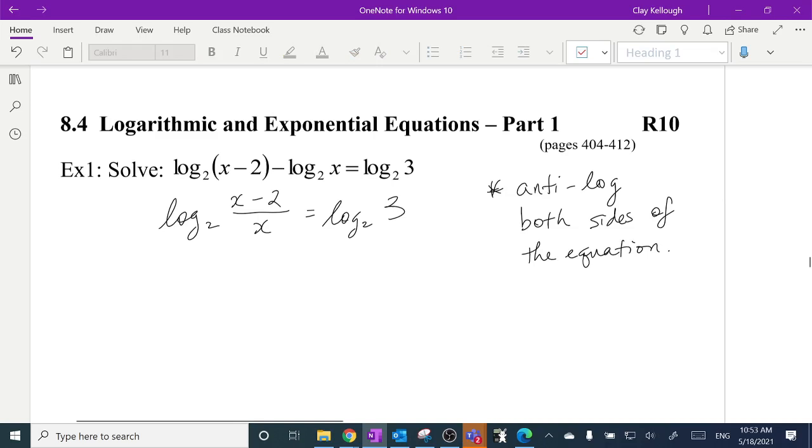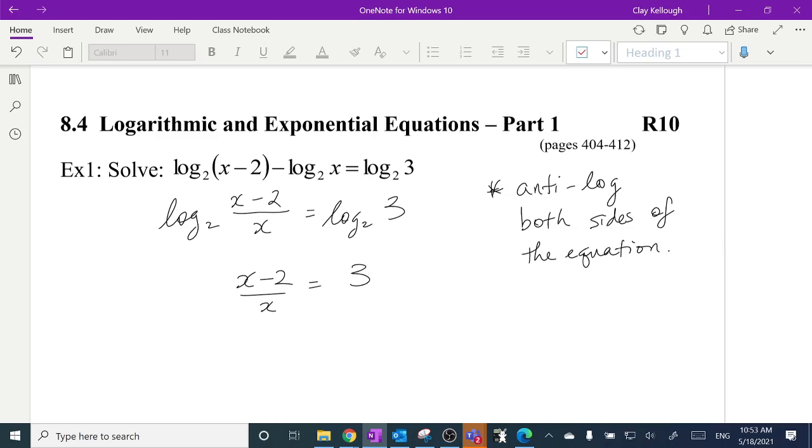The logarithm of something is a function, just like square rooting is a function, just like squaring is a function, just like taking the sine or the cosine of something is a function. So I can perform that function to both sides of the equation, and it doesn't change the fact that the left and right side are still equal. So I'm going to anti-log both sides of the equation. So then x minus 2 over x is equal to 3.